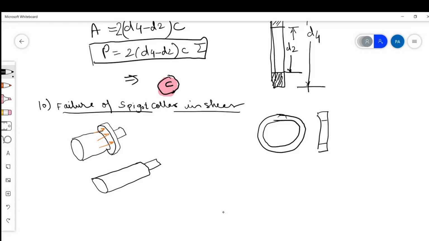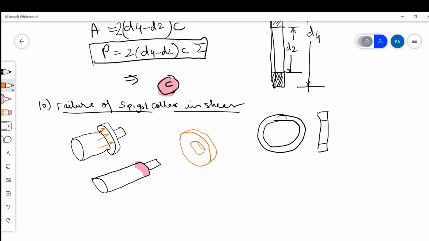And where was it mounted? It was mounted somewhere here, and now it is not part of it, and it has come out, and it will be seen something like this. This is the spigot collar which was mounted like this.